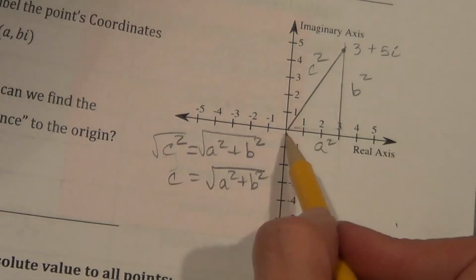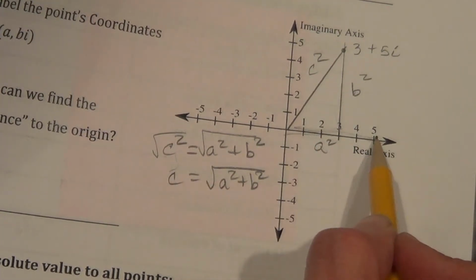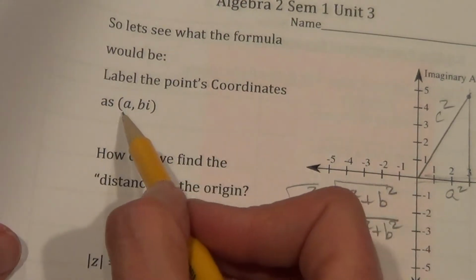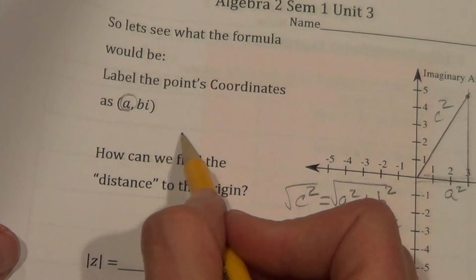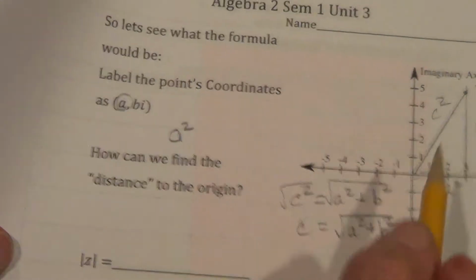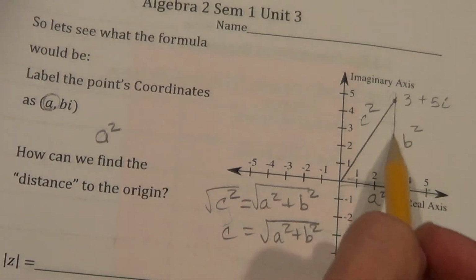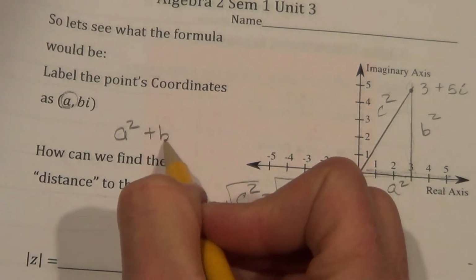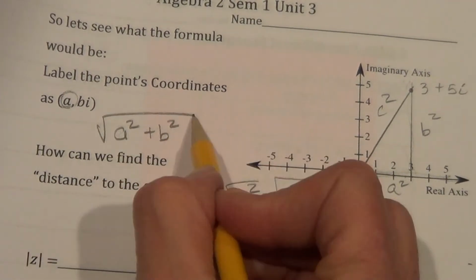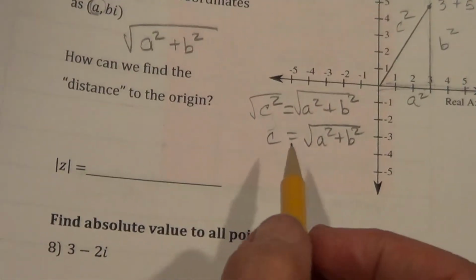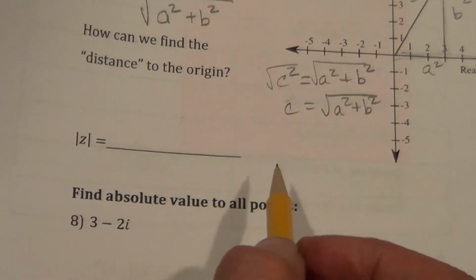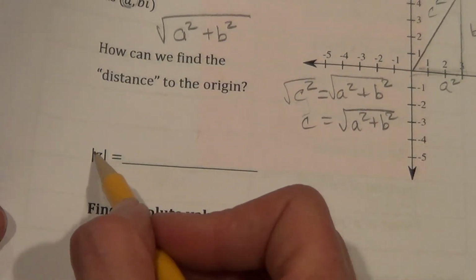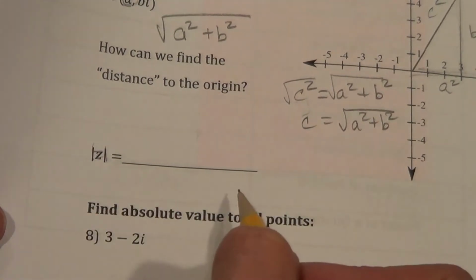If you look at that, it means your real number, which since we label these, a is our real number, so it's a squared. And then it's the b value in the imaginary number, so it's a squared plus b squared with the square root. We usually label the absolute value of a complex number as absolute value of z.